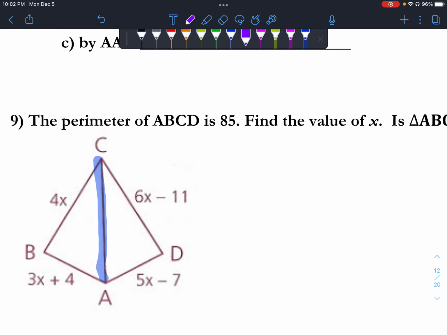When you plugged in your x value, you would have gotten a 22 here, a 22 here, a 20.5, a 20.5. Basically what we were trying to show you is that we had one set of sides congruent here, a second set of sides congruent here, and then the blue line, remember that was the reflexive property, where we use this blue line for both of the triangles.